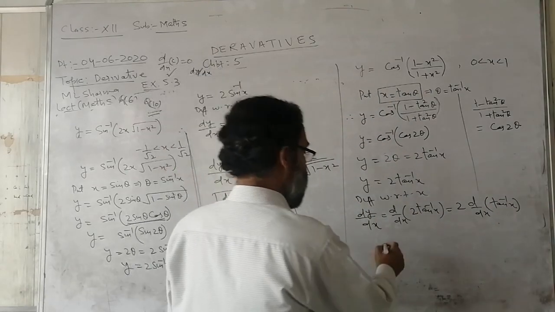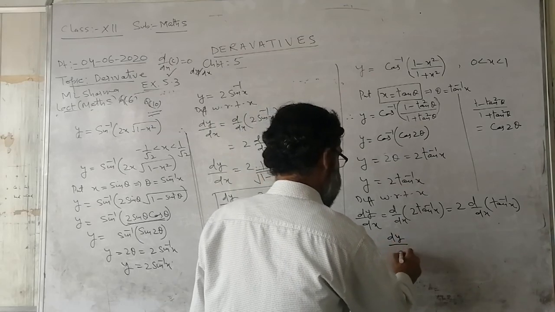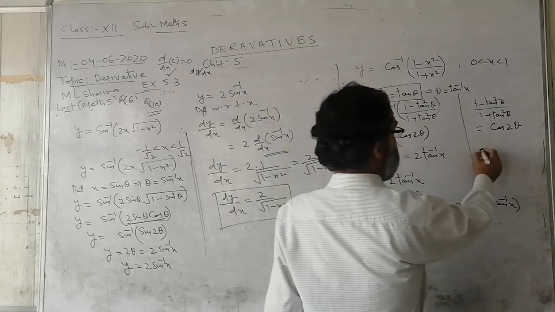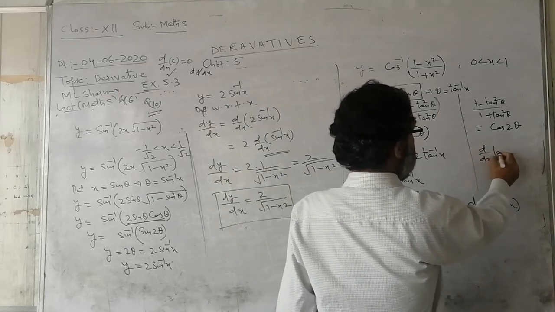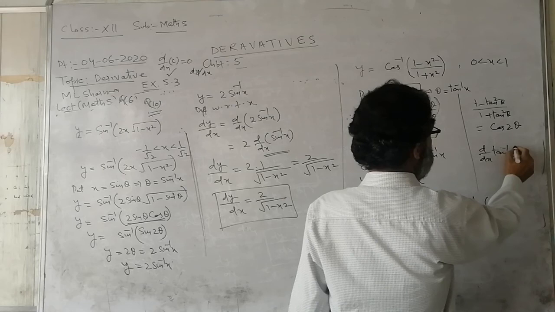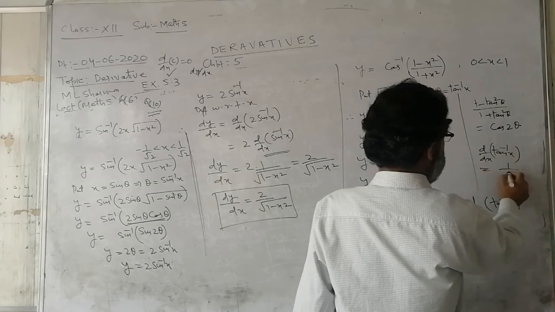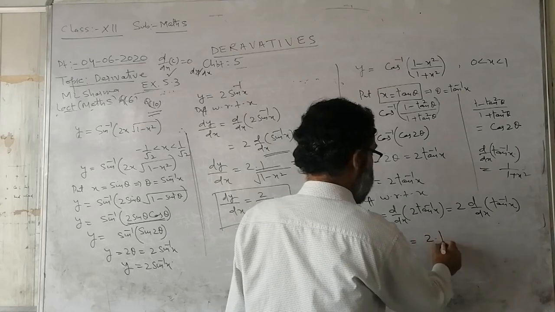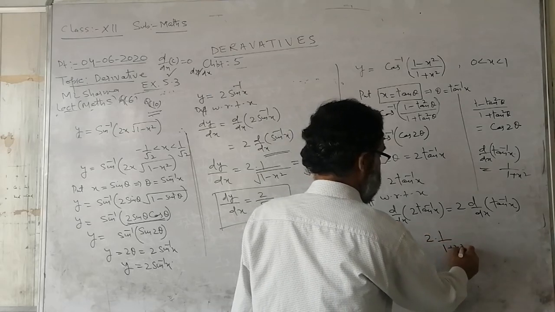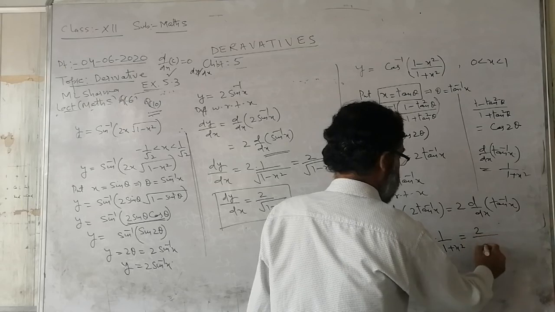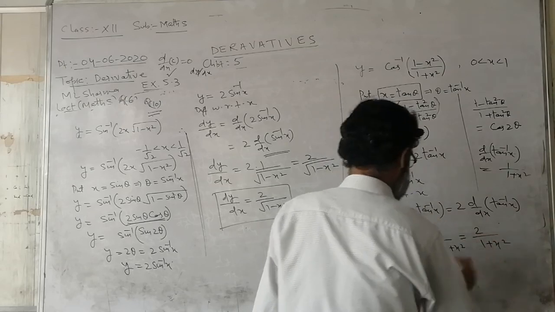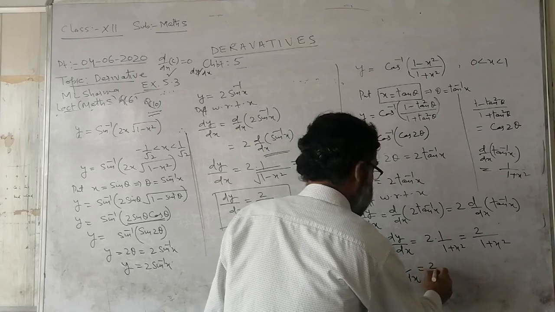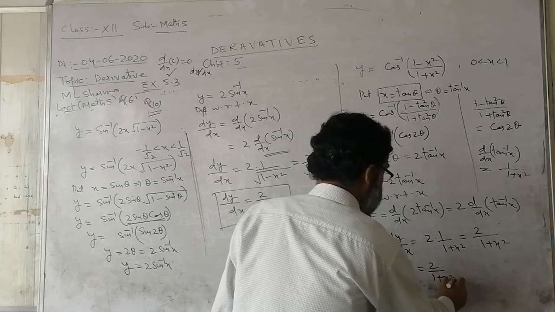Now derivative of tangent inverse x, just few minutes ago I have proved, and this is 1 upon 1 plus x square. So this is 2 into 1 upon 1 plus x square, that is 2 upon 1 plus x square. So dy upon dx equal to 2 upon 1 plus x square.